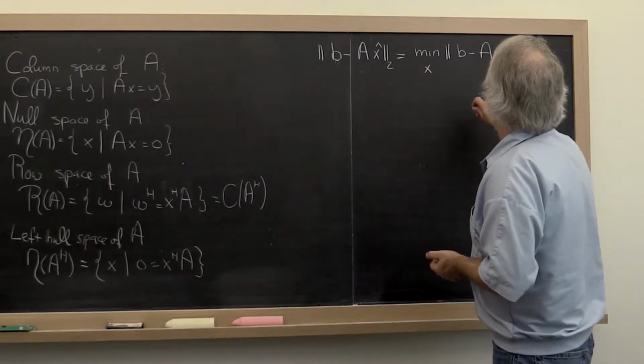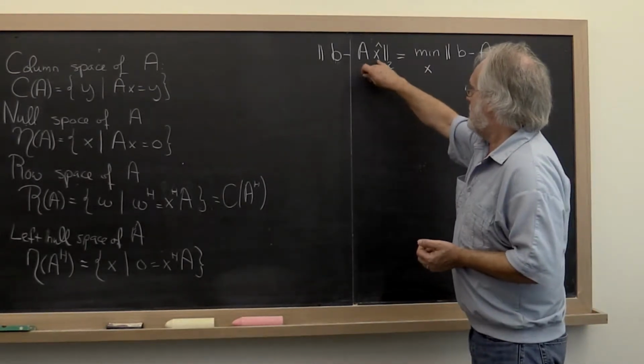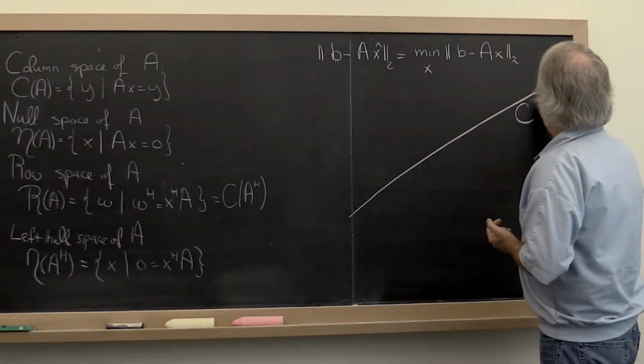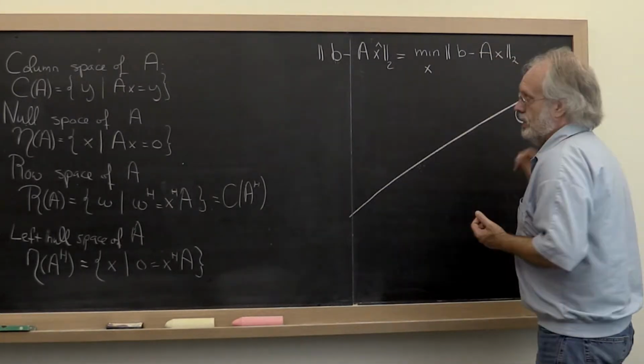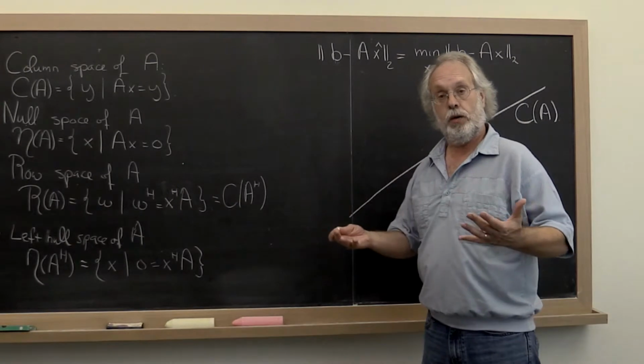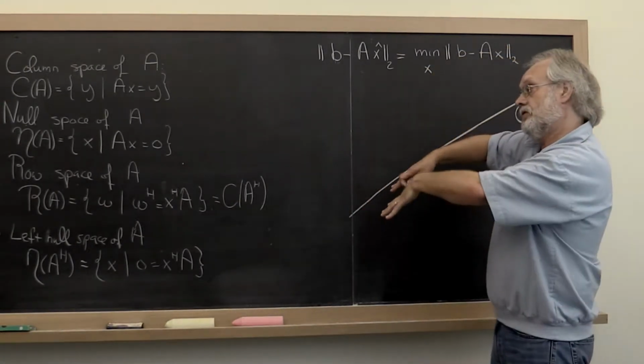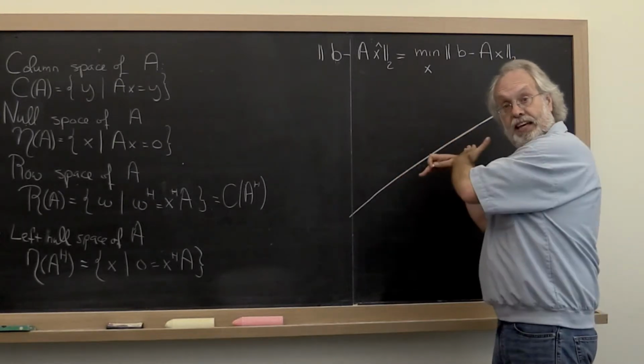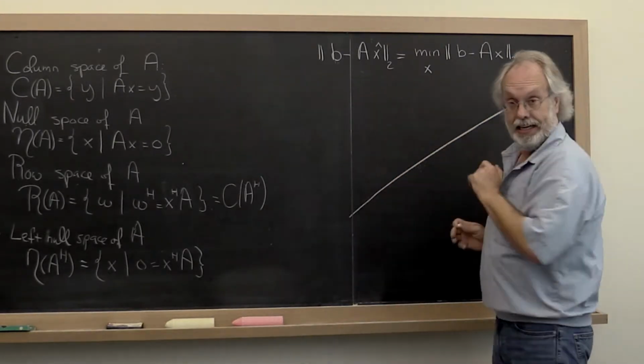Well, we know that A times x hat is in the column space of A. So let's draw this as the column space of A, where in a previous week we looked at how we can always tilt a space so that we look at it from the edge so that it looks like a line.